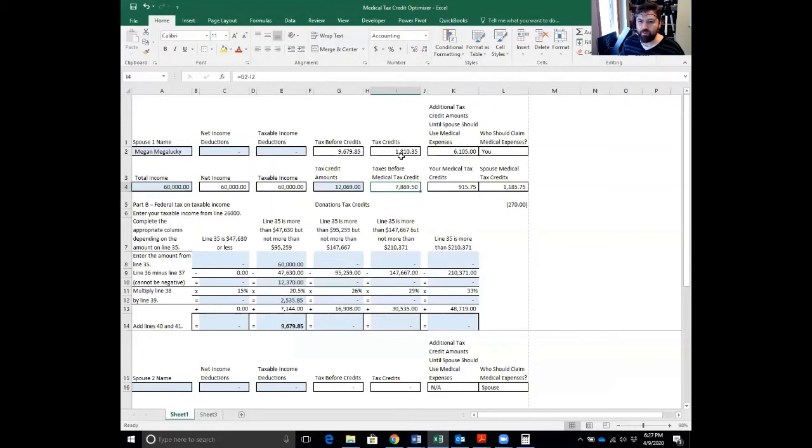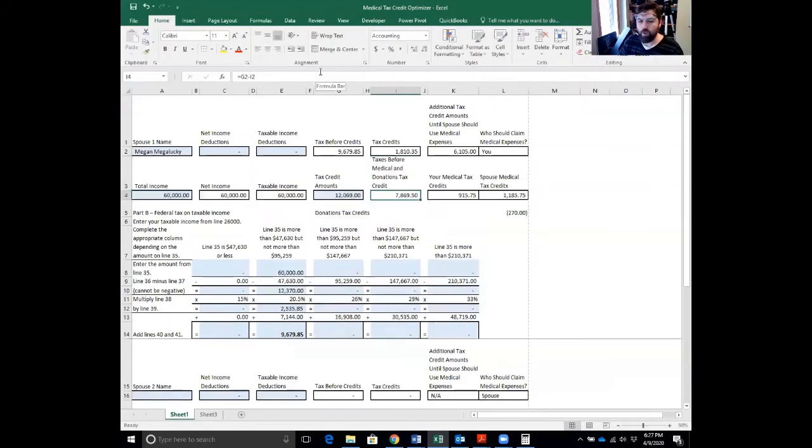Our tax credits is 1,810.35. Taxes before medical tax credits, I could also call this taxes before medical tax credits and donations tax credit. Ooh, I love it.